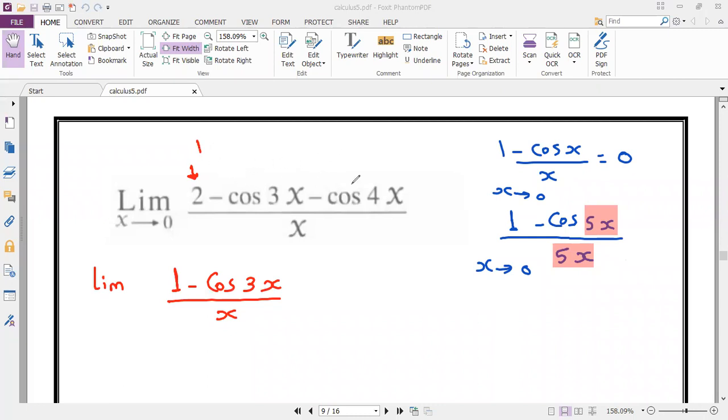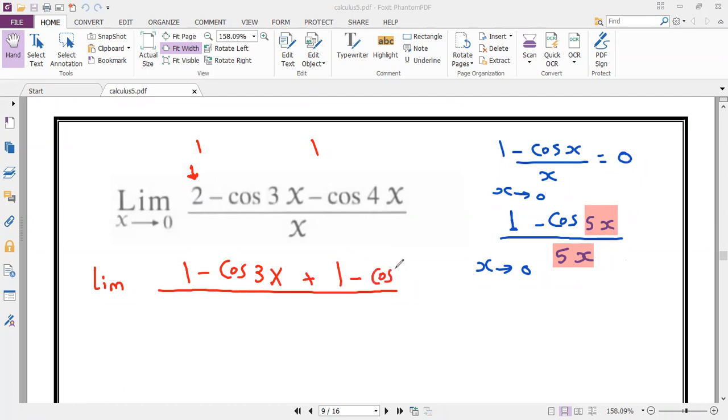Let's do it simply again. I'm going to write this 2 as 1 minus cosine 3x plus 1 minus cosine 4x over x when x tends to 0, and I'm going to separate them. I'm going to write them as 2 limits.